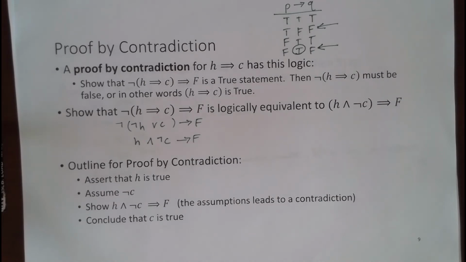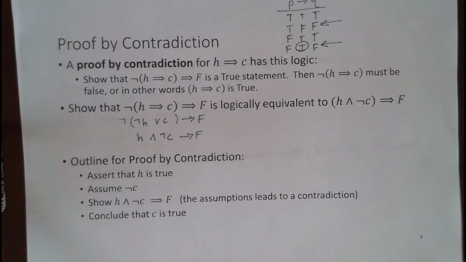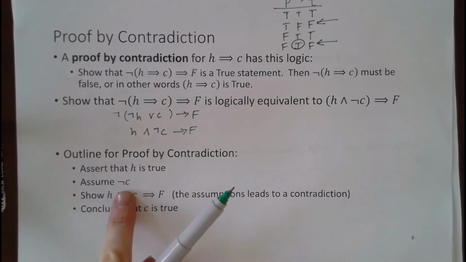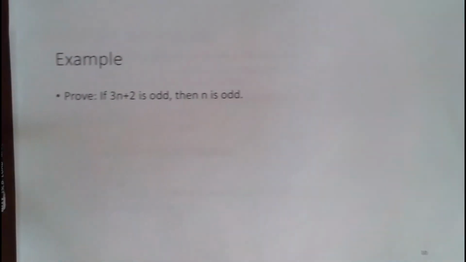That's the layman's description of what's going on here. I assume H is true, and I say, well, what if the conclusion wasn't true? And I show that it leads me to this thing that can't possibly happen. So the assumption that I made here about C not being true, that was absurd. It has to be true.